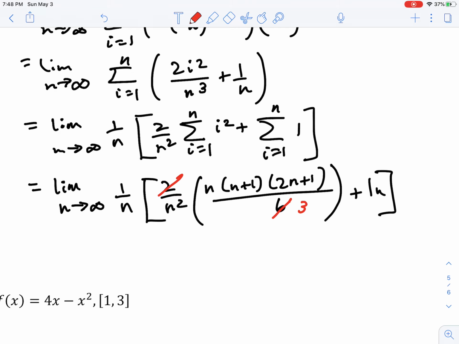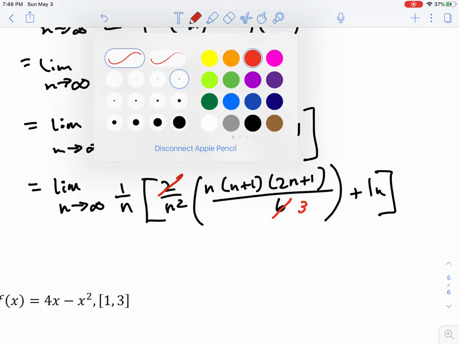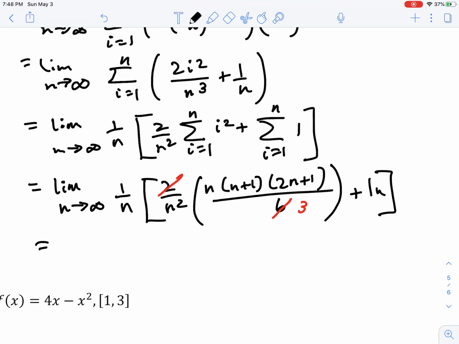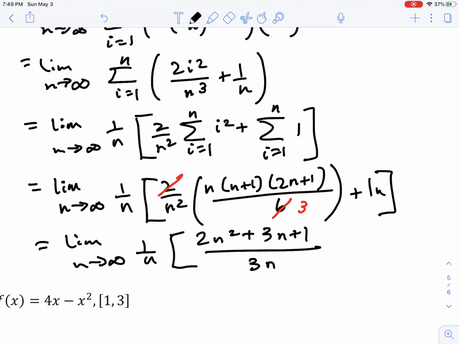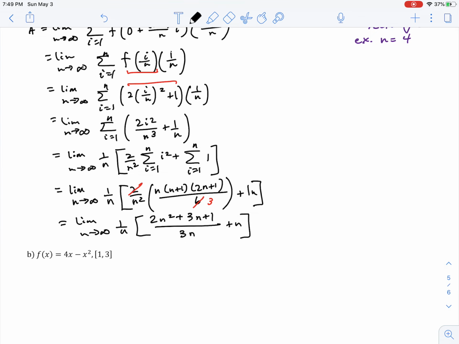And before I move further, let's clean this up a little bit. 2 goes into 6 3 times. And, oh, well, let's not do too much at once. So now we've got the limit as n approaches infinity of 1 over n, times 2n squared plus 3n plus 1 over 3n, all of that plus n.